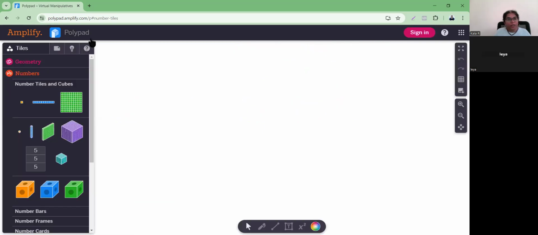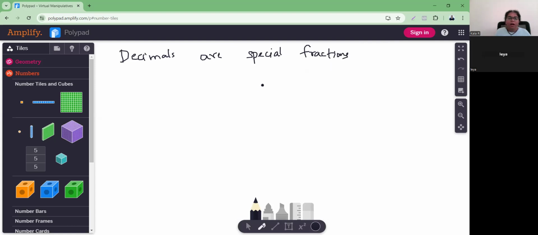Now, there's one more concept about decimals that you have to understand. Did you know that decimals are nothing but fractions? But special kind of fractions. This is the way I understand it. Why? Because fractions means you can have, this is a fraction, this is a fraction, this is a fraction, and this is a fraction, right?